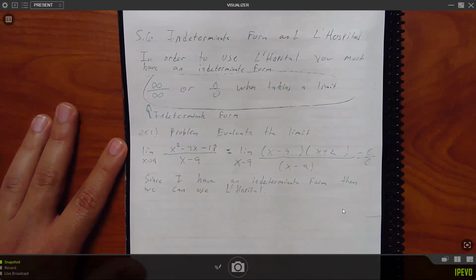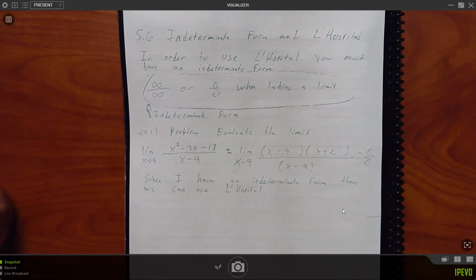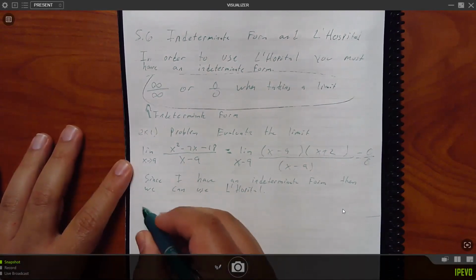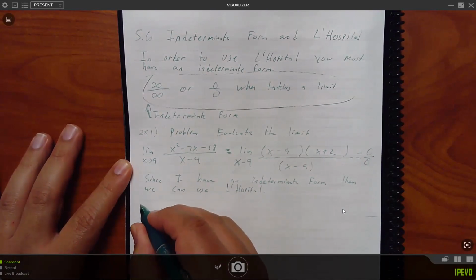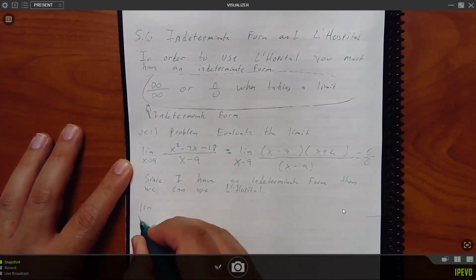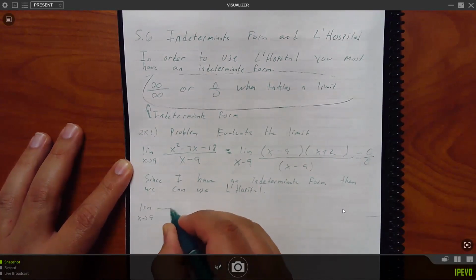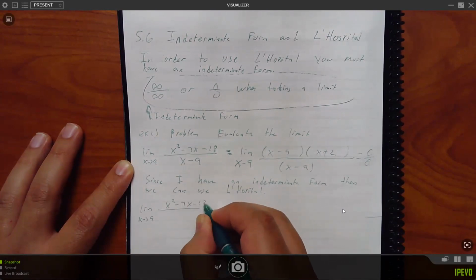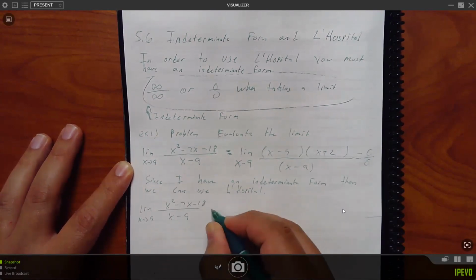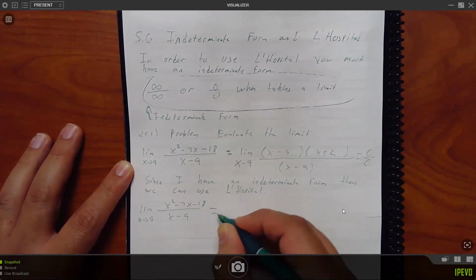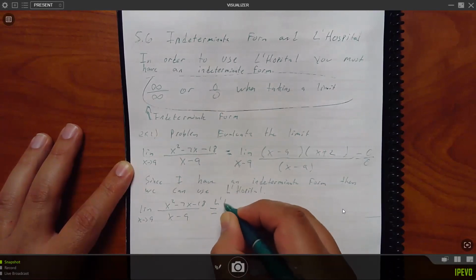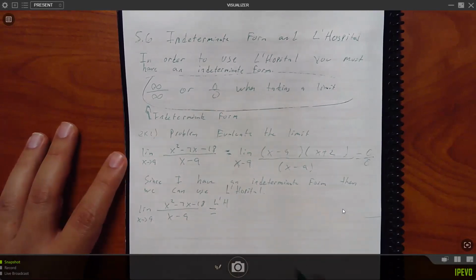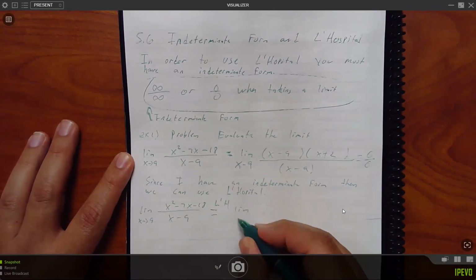Okay. So here we go. So when you use L'Hopital, all you got to do, so I'm going to write the question right one more time. I'm going to write this notation so I know that we use L'Hopital. So I'm just going to put an L quote H so we know that we did it. Okay.